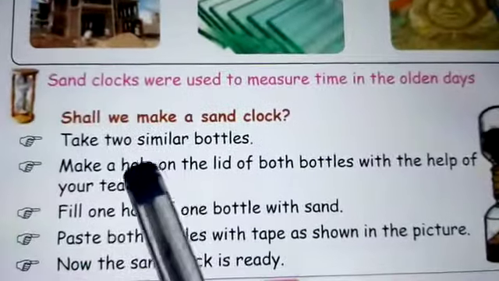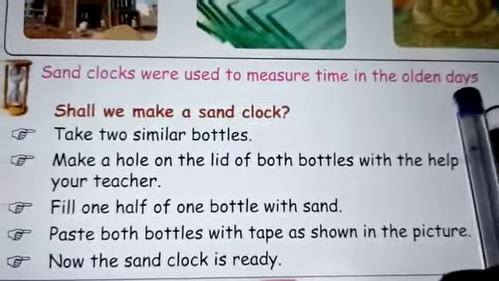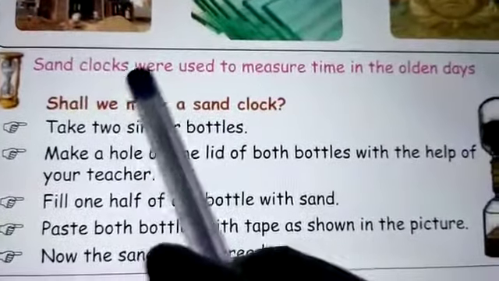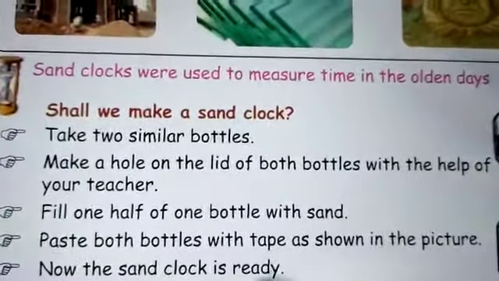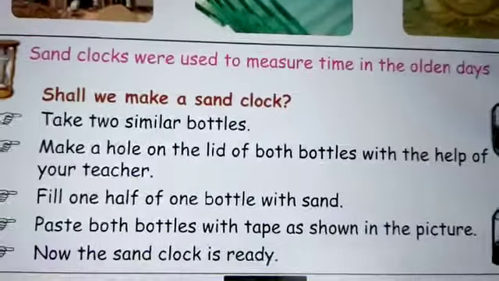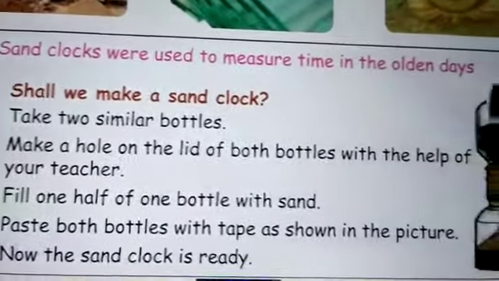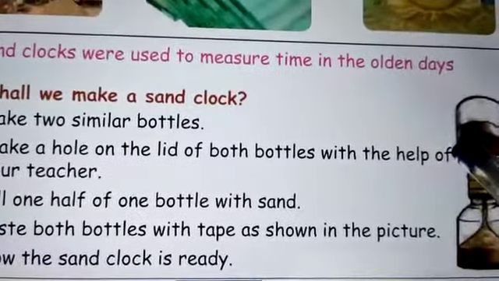Next, sand clocks were used to measure time in the olden days. Nowadays we have clocks, no, like that. In olden days, this is a sand clock. It is used to measure time.